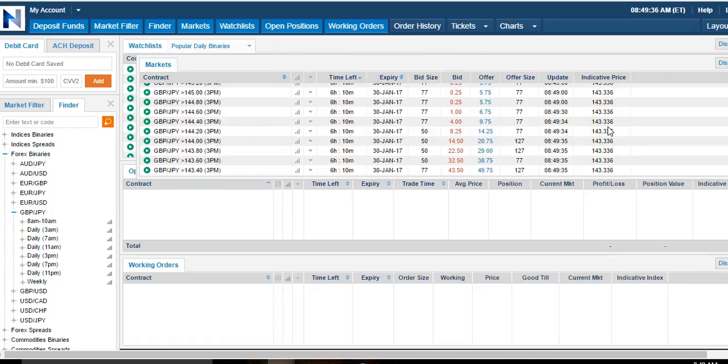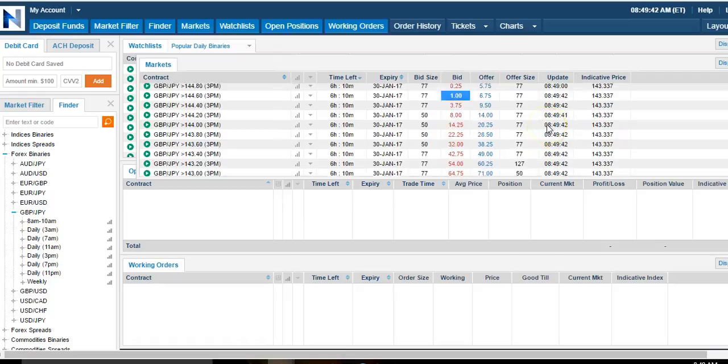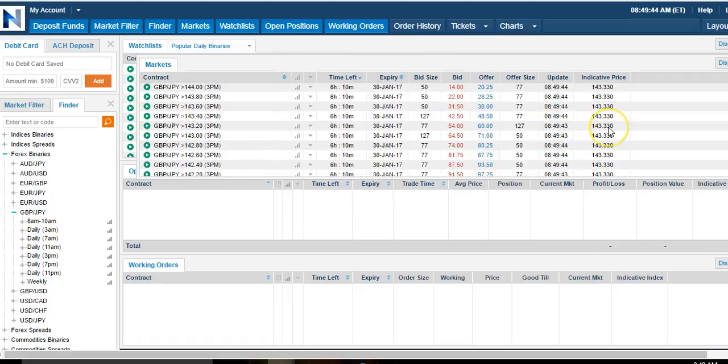If you're trading at a scammy broker where you base it on strictly where the market is, you can enter that trade and be in at 143.33, and if it's above 143.33 at 3 p.m. you win. Here at Nadex, you could do in the money or out of the money contracts.